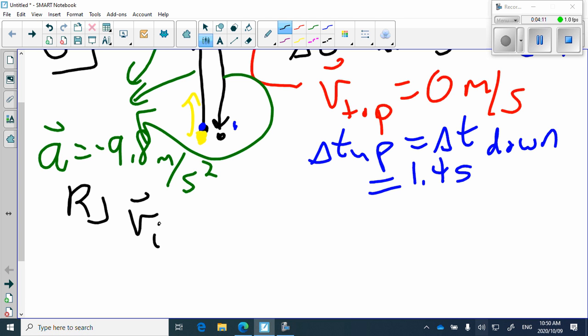Now, don't concern yourself with while it's in the person's hand. That's a totally different question. The question is, how fast was it moving just as it left the hand? That's my Vi. That's what I want to calculate. And since I know that this is Vi, by default, the velocity at the top becomes Vf, final.